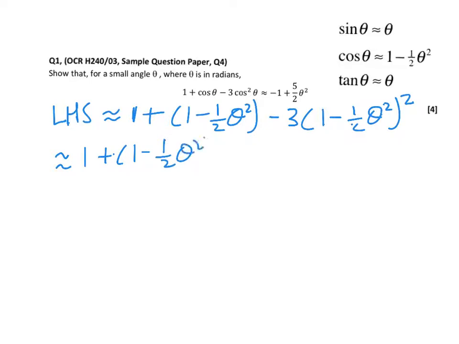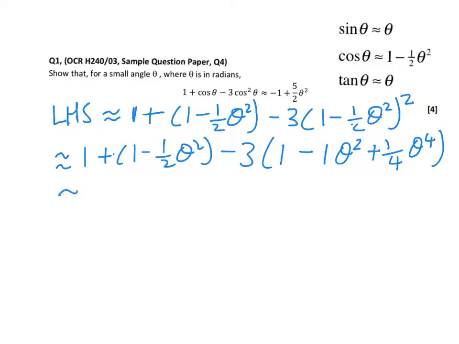Get this nicely squared. So 1 times 1. I've got two lots of negative a half theta squared, so that's a whole 1 theta squared. Negative a half theta squared multiplied by negative a half theta squared. That's going to give me a quarter theta to the power 4. And we have 3 lots of that, so let's write it all out.